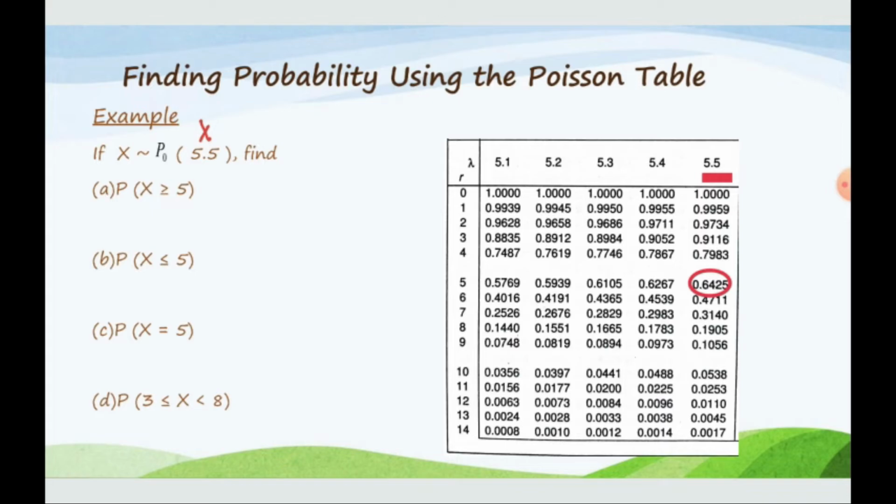So to find P(X ≥ 5), we just look at the table. Directly you take from r equals 5 and lambda 5.5, so the answer is 0.6425.